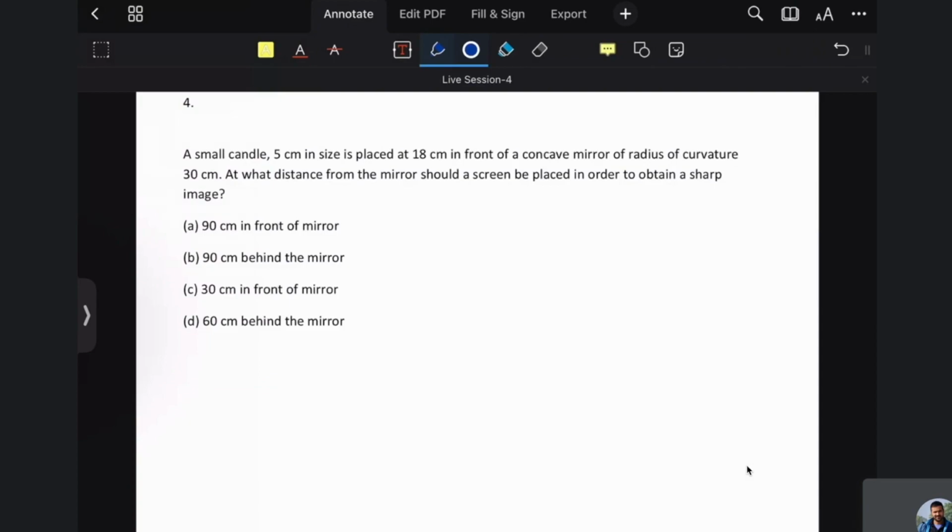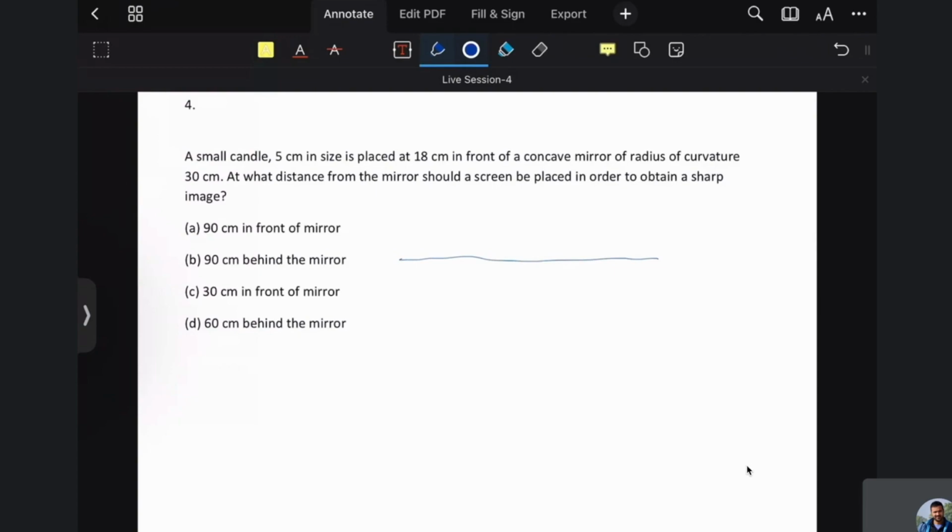Here the question is: a small candle 5 centimeter in size is placed at 18 centimeter in front of a concave mirror. So you have a concave mirror like this, and at 18 centimeters is the object distance, and this is a candle, 5 centimeter of height.